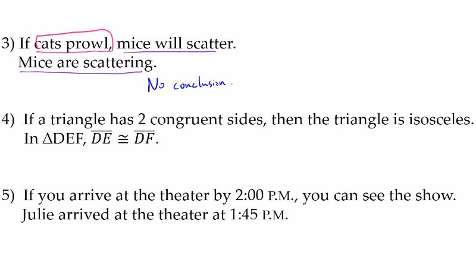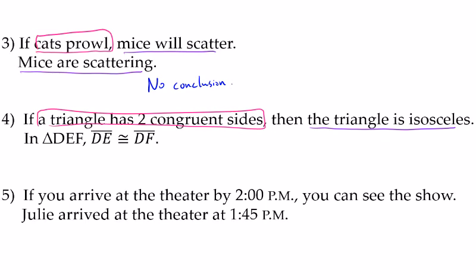And that's, I would say, the biggest mistake people sometimes make: if you're given the conclusion, people just assume the hypothesis, right? But that's not how the law of detachment works or how conditional statements work. All right, number 4. If a triangle has two congruent sides, then the triangle is isosceles. So a triangle has two congruent sides is the hypothesis, then the triangle is isosceles.